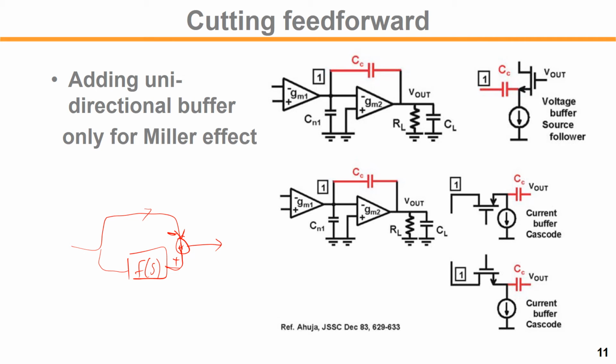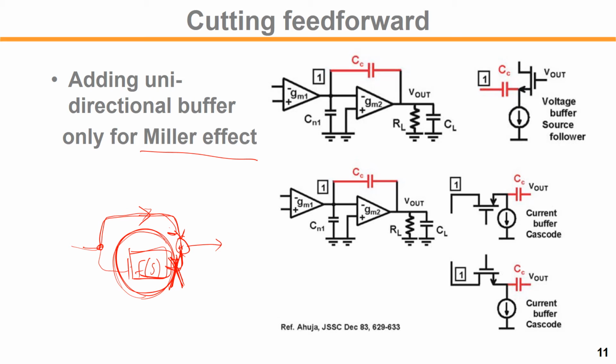So to remove that, a frequency dependent component is added at the output, right? The signal is different from the other signal path in phase, right? Different phase addition. So to avoid that, what we can do is disconnect the feed forward path, but we still maintain the Miller effect.